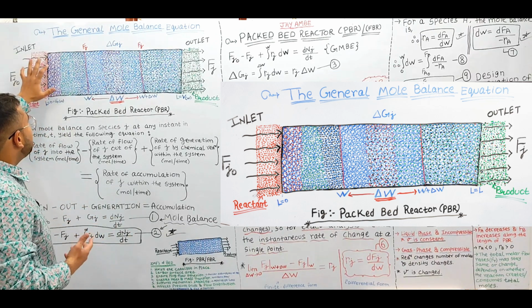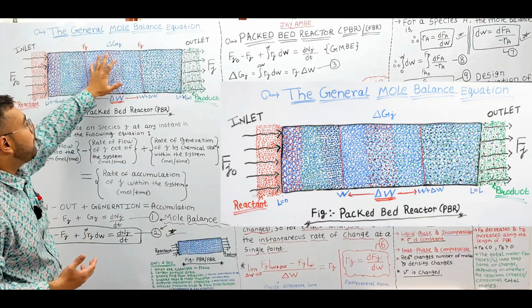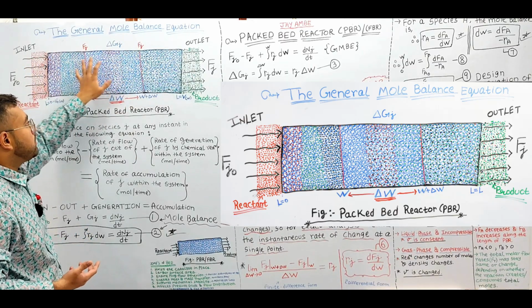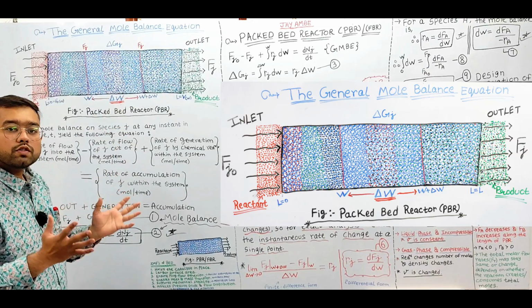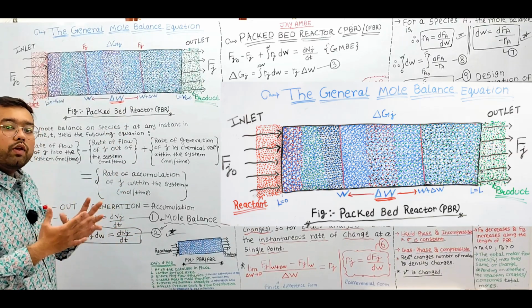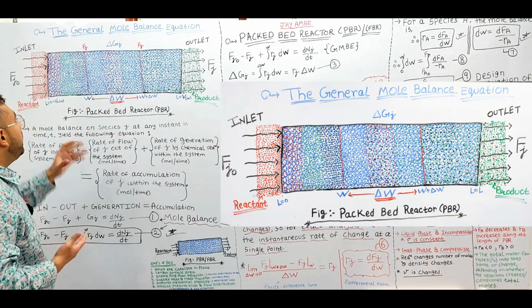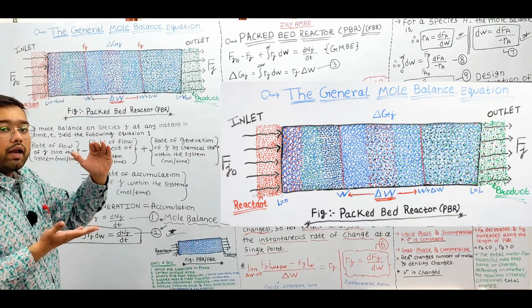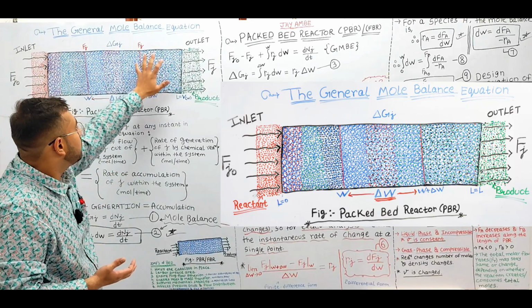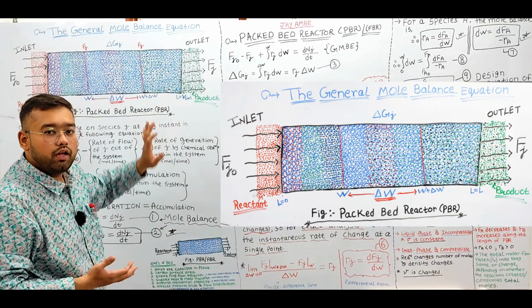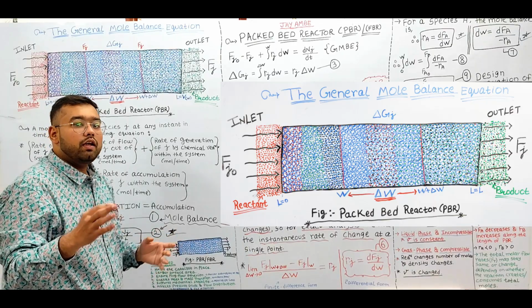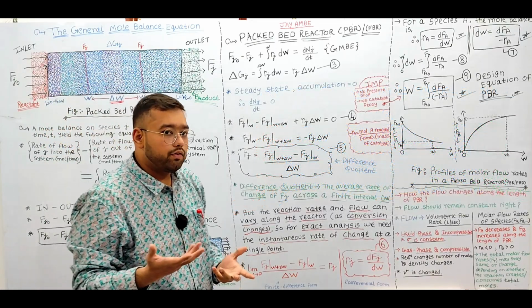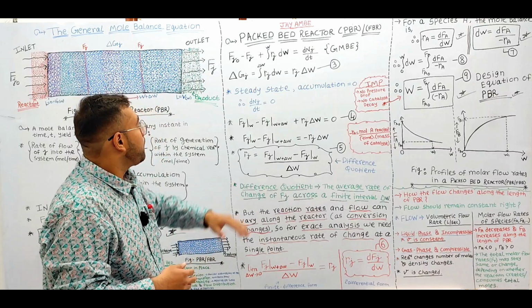We try to generate a bed inside the tubular space, where the entire hollow space of the tubular reactor is filled completely with the packing materials. It's called the bed. We generate a bed of the solid phase inside the hollow space of the reactor.